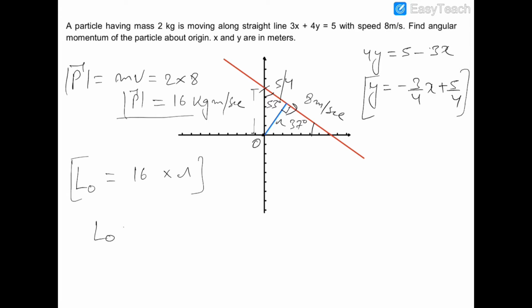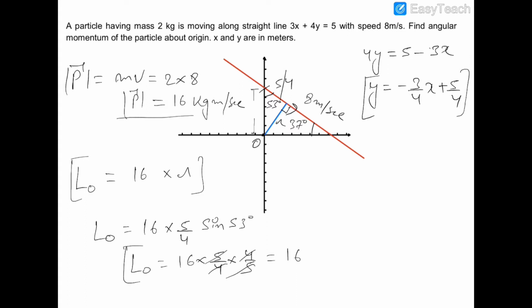So L about O is 16 into 5 by 4 into sine 53, and sine 53 is 4 by 5. So the magnitude of the angular momentum of this particle about the origin is 16.